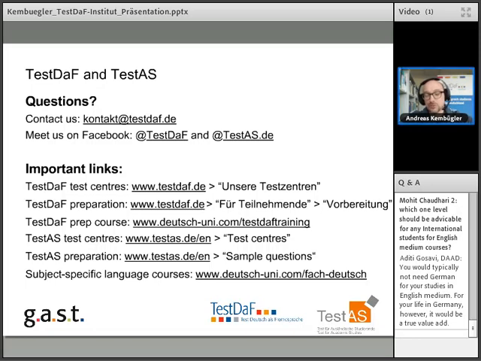So if you already have the Goethe certificate C1, you have to ask the university if you can apply with that certificate, but generally it's no certificate for study admission. Maybe there are a few universities which accept that certificate.